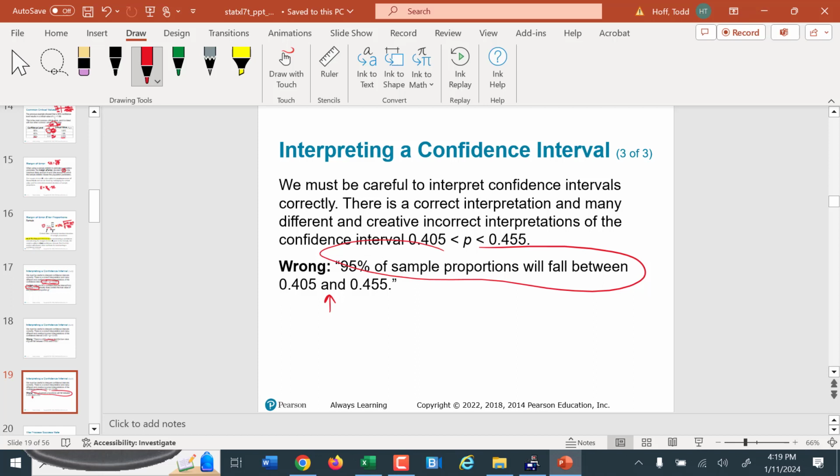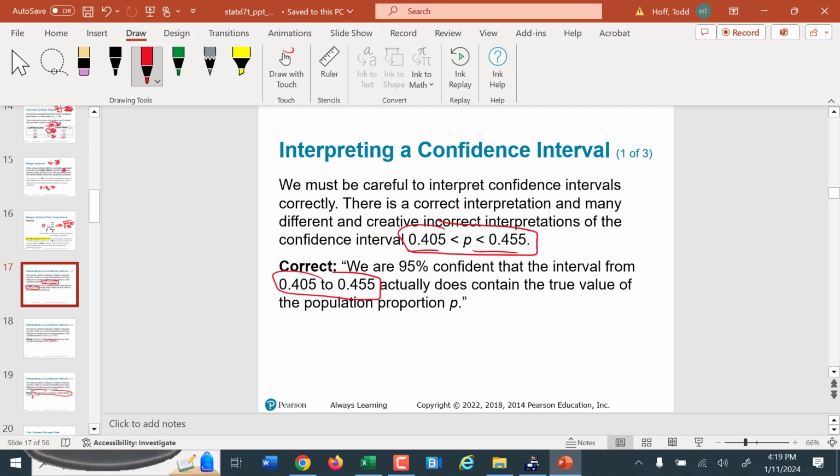So saying that 95% of the sample proportions will fall between 0.405 and 0.455 would be assuming that the point estimate is equal to the population proportion. And remember, we said it's going to vary around it, so that's not quite correct either. So remember, the correct way is to say we are 95% confident that the true population proportion is in this range.